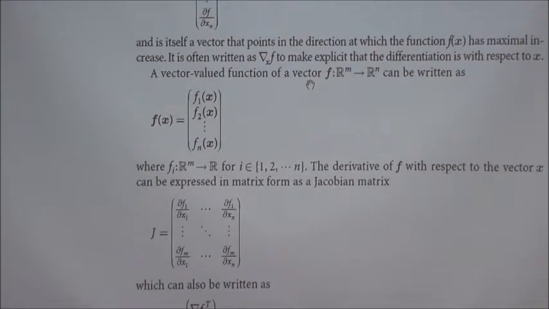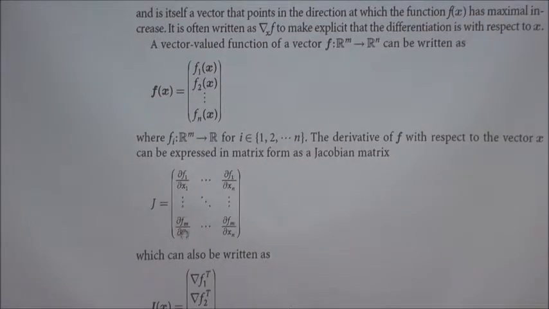Alternatively, if your original function already is a vector valued function, meaning you have n functions, even the first partial derivative of a vector with respect to another vector is a matrix. That's called the Jacobian matrix.